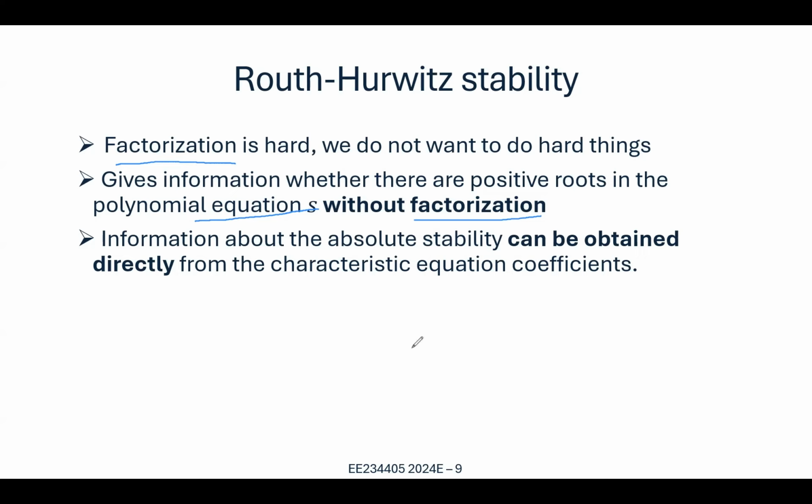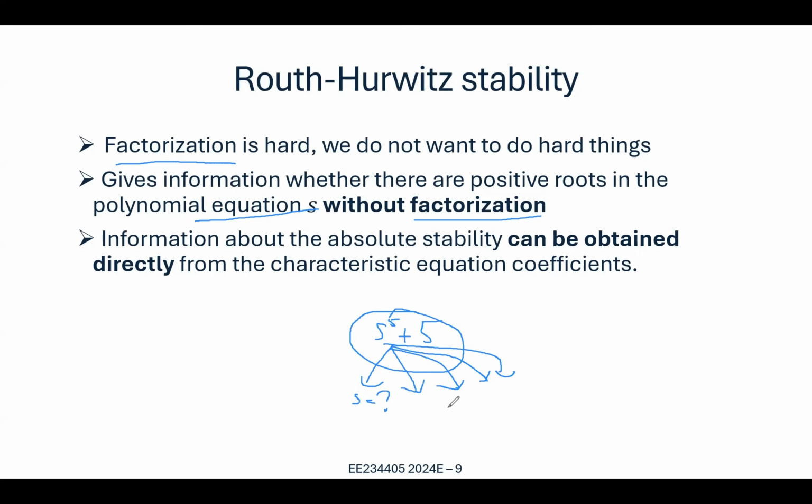So for example, s to the power of 5 plus 5, what is s? There should be 5 roots here because it's the order of 5. So what is s? That's kind of hard to do again.